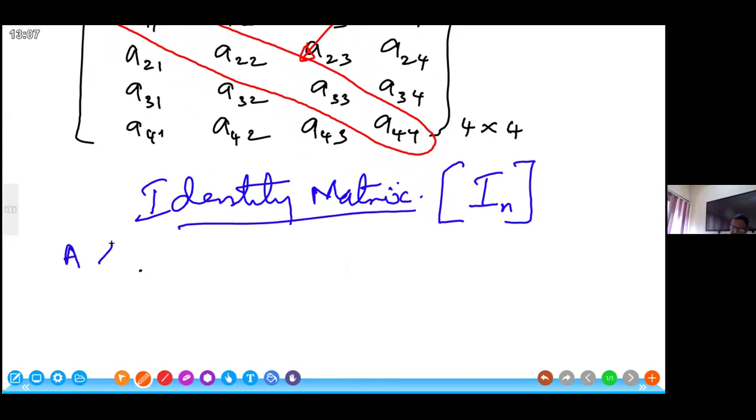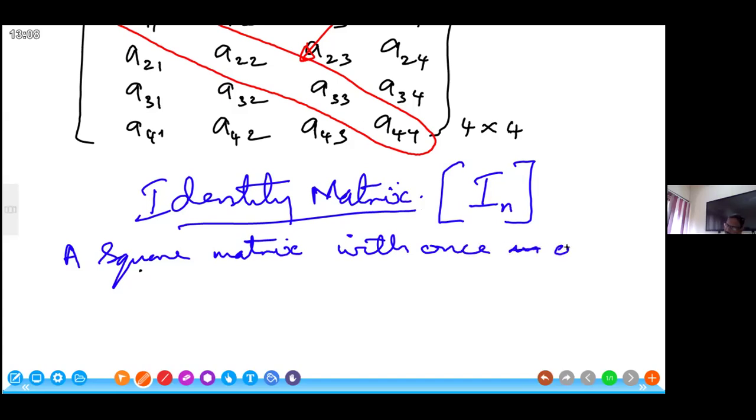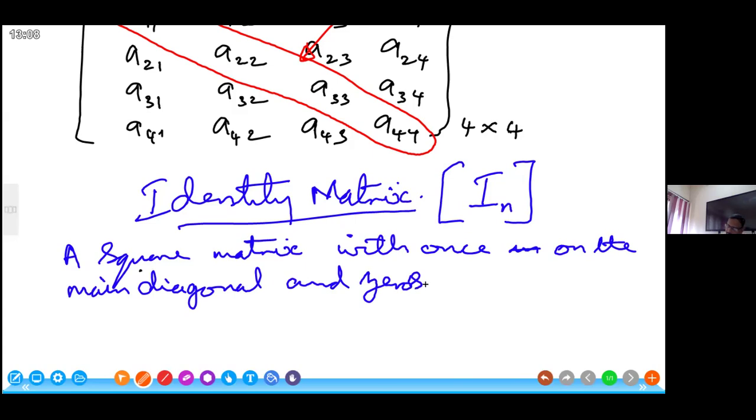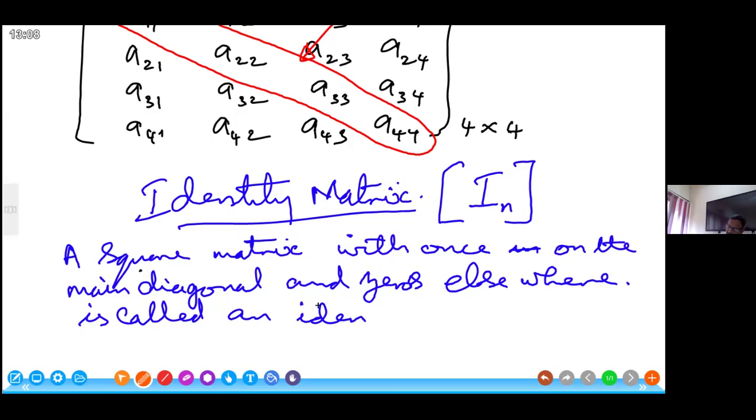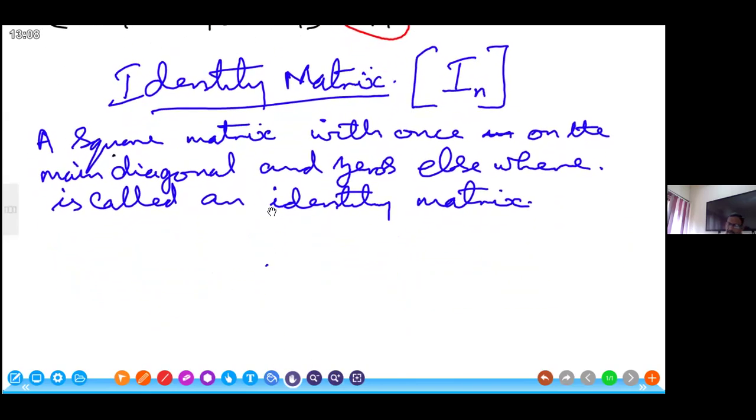A square matrix with ones on the main diagonal and zeros elsewhere is called an identity matrix.